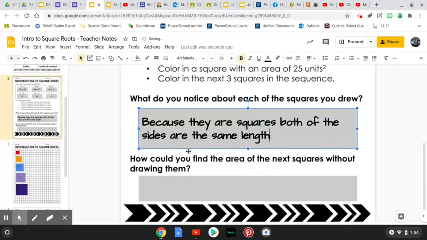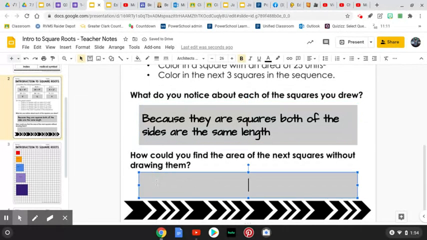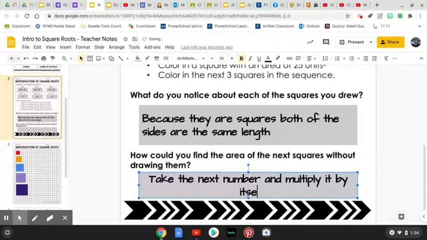How could you find the area of the next squares without drawing them? So that would mean take the next number and multiply it by itself to get the area.